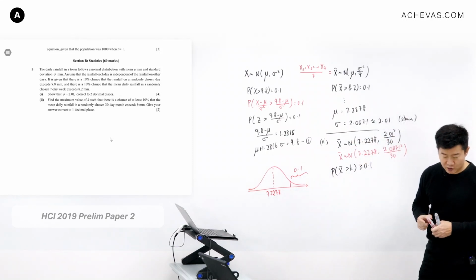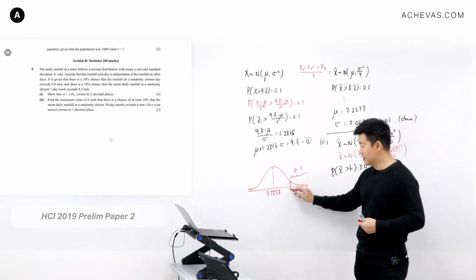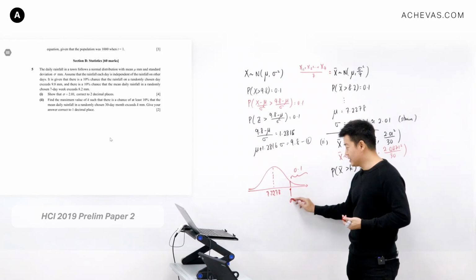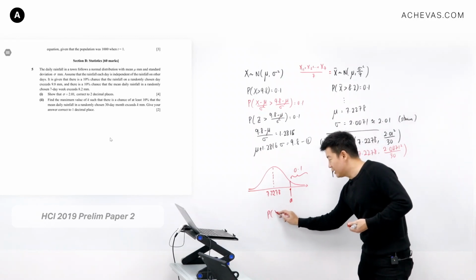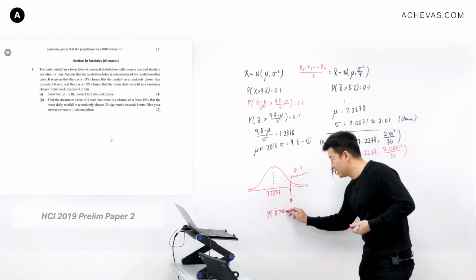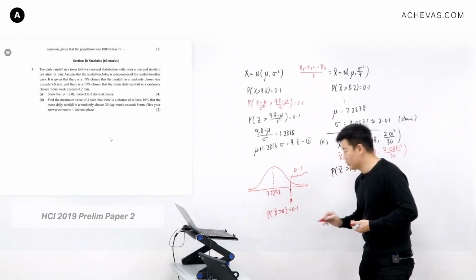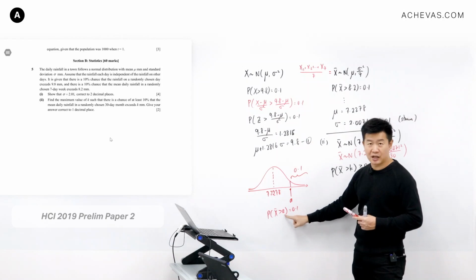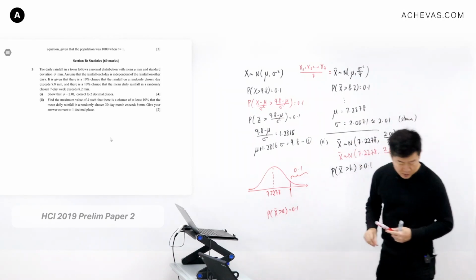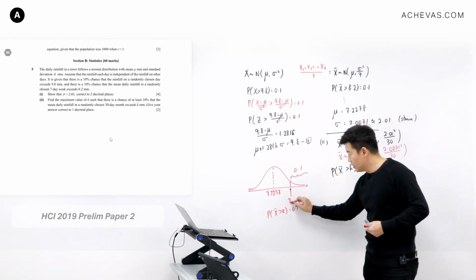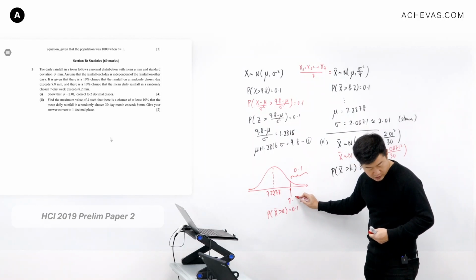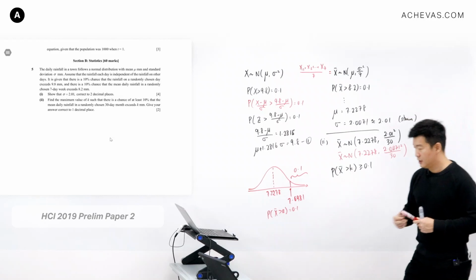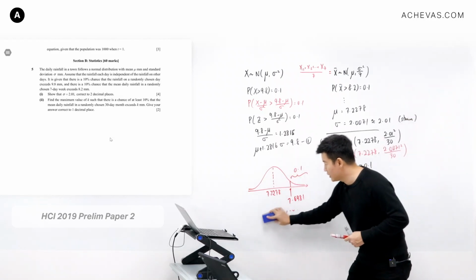I will press this into my calculator to get this number here, because my calculator can get me this number, right? If this number is A, probability that X bar is bigger than A, I just need to let it be equal to 0.1, then I can press into my calculator inverse norm to get A. So if I press this into my calculator, this A here is equal to 7.6981. This is from my calculator.